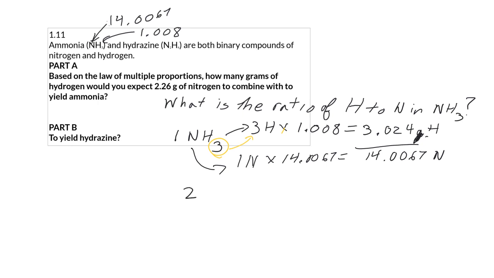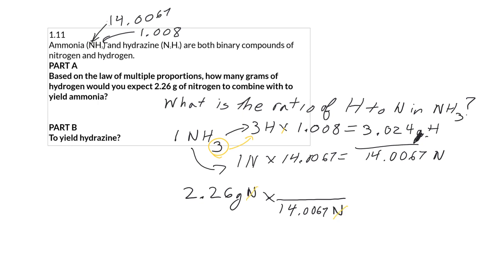They're telling us that we have 2.26 grams of nitrogen and they want to know how much hydrogen. So we've got to get rid of nitrogen. I'm going to place nitrogen down here where it cancels out, 14.0067. All right, I've canceled out my nitrogen.